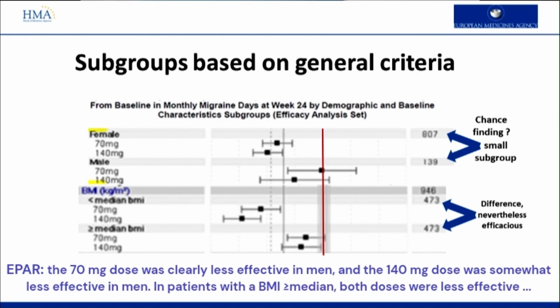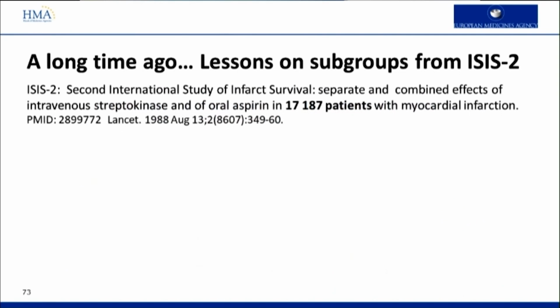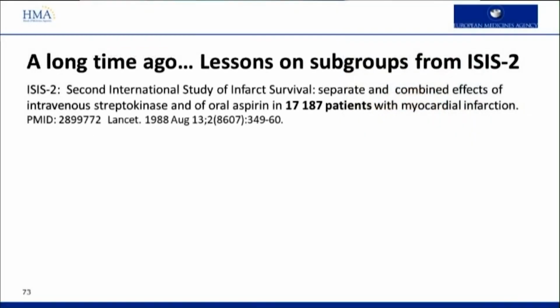Is this caution, the reluctance to base regulatory decisions on subgroups, something new? No, certainly not. The discussion on the use of subgroups goes way back into the last century. A particularly nice example was the ISIS-2 trial, assessing the effects of streptokinase and aspirin in patients with myocardial infarction.